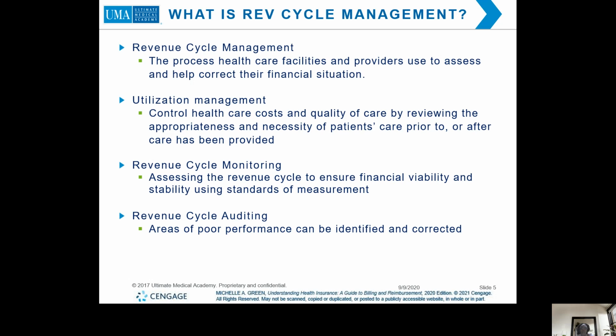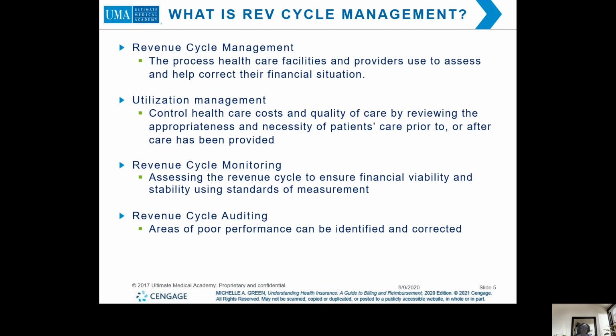And what we do is review the appropriateness and the necessity of the patient's care prior to or after they receive their care. So we want to make sure that they're not just getting care just because. We want to make sure the care they receive is quality. And then we also monitor the revenue cycle, right? We have to make sure that we review every one of those steps that we talked about.